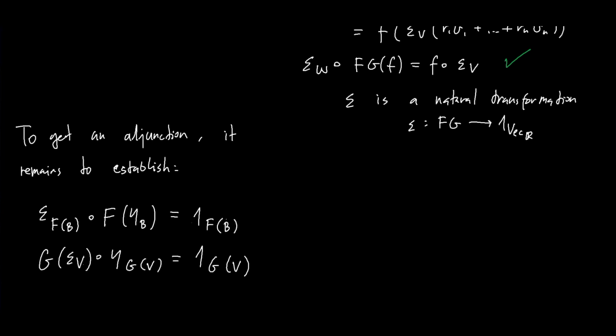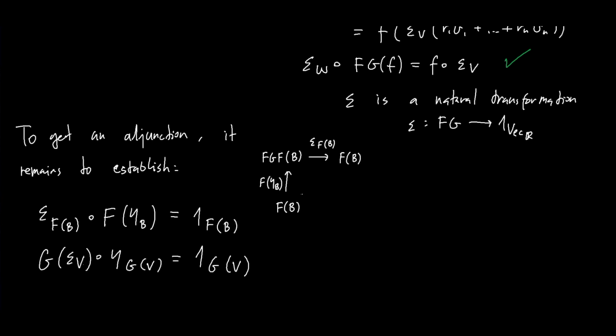So for the first identity, we have a map going from FB to FGF of B. This is via the map F of eta B. And then we have epsilon of FB, which takes us back to FB.